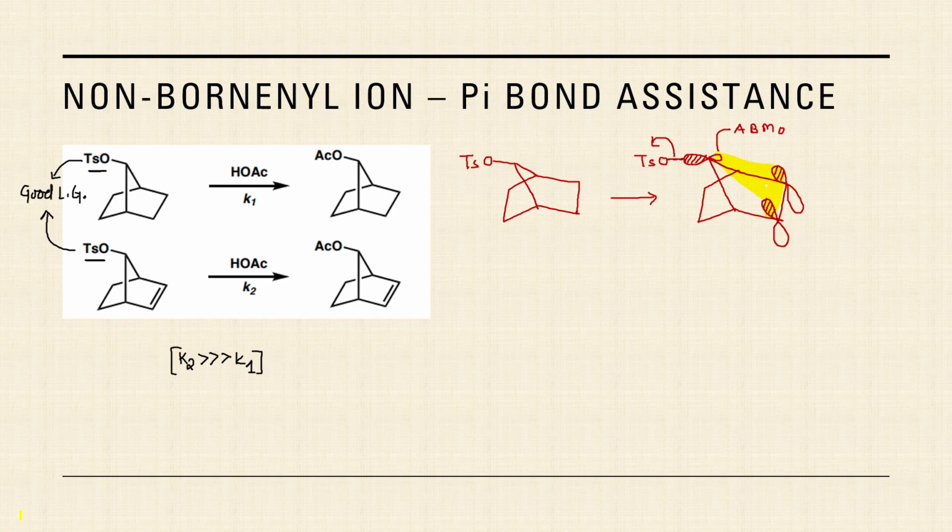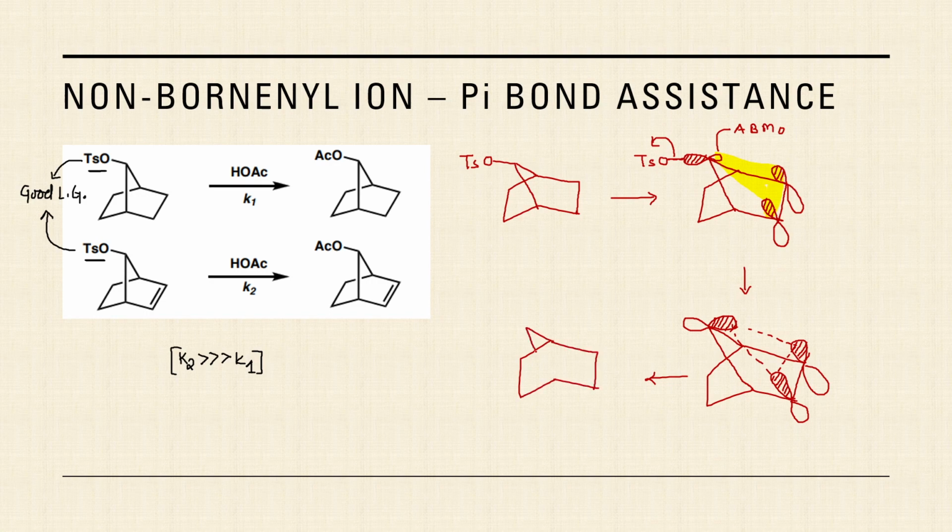Okay, and if they come over there, then what will happen is that OTS will go out and such a situation will be created. इसको हम exactly इस तरीके से दिखाते हैं. और यही बन गया आपका non-Bornonyl ion in which there is a pi bond assistance.